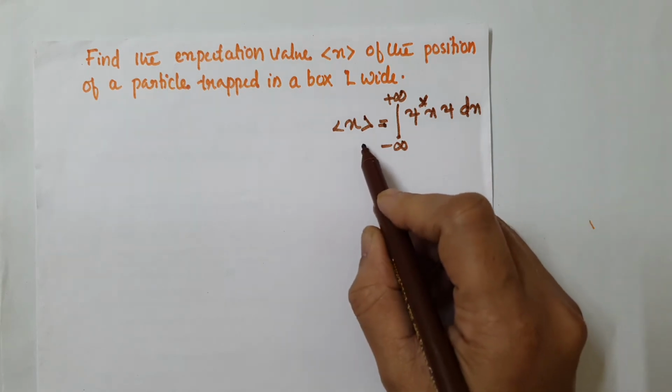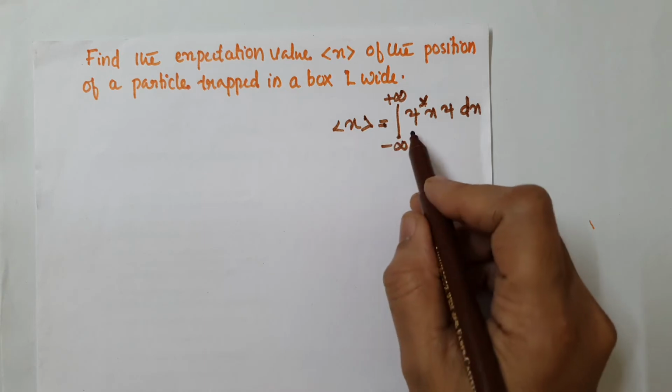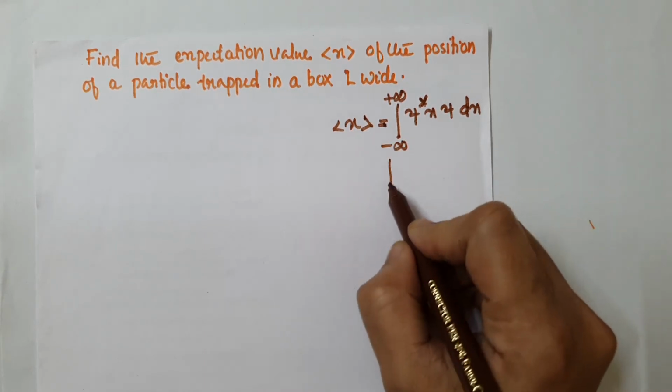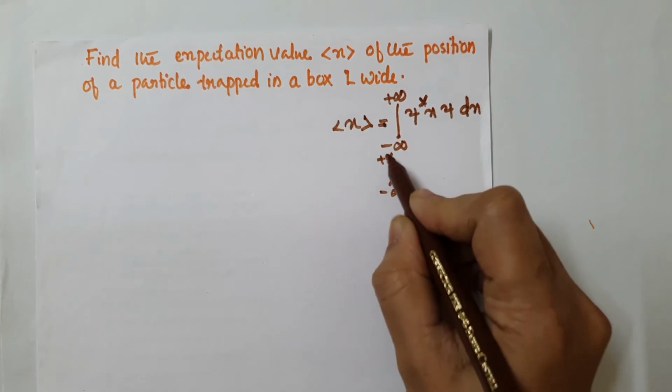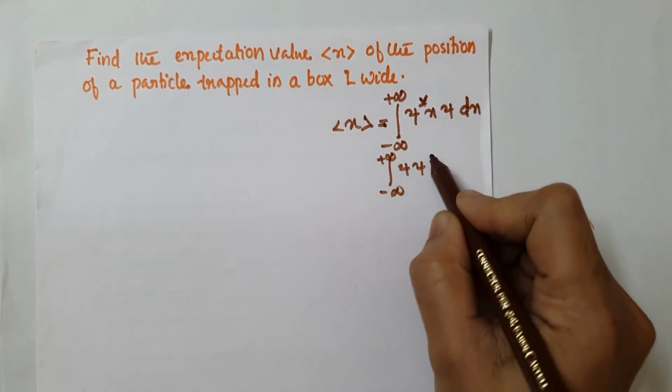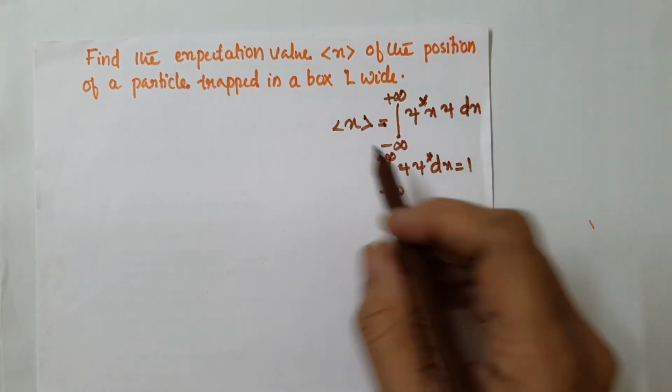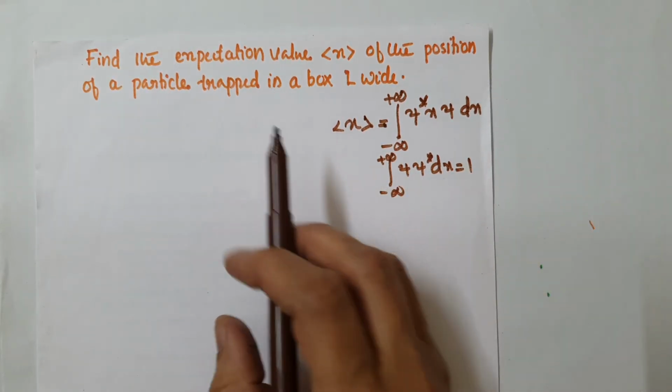And this expectation value is for a normalized wave function, because for a normalized wave function integral minus infinity to plus infinity psi star psi dx equals 1. Here we are considering a normalized wave function.